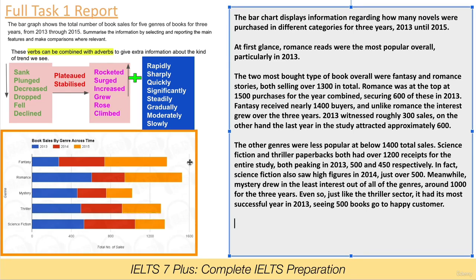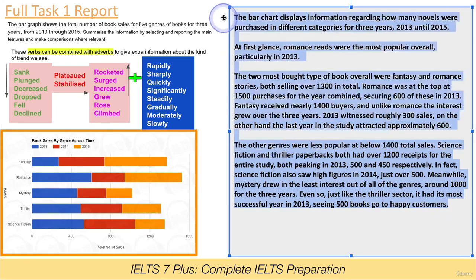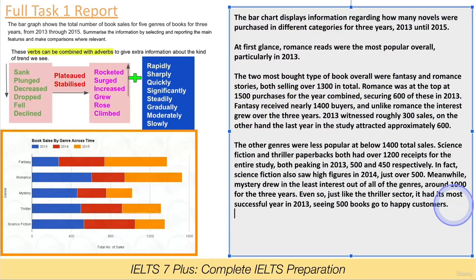Even so, just like the thriller sector, it has had its most successful year in 2013, seeing 500 books go to happy customers. Okay, I think that's good. Let's count the words for this one. Okay, so this comes to a total of 190 words there.